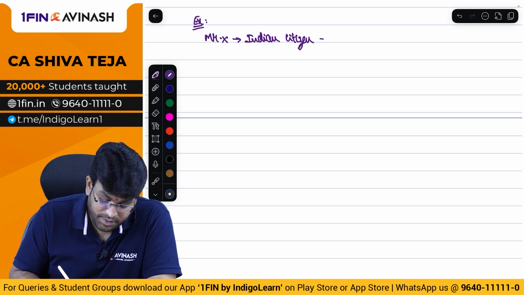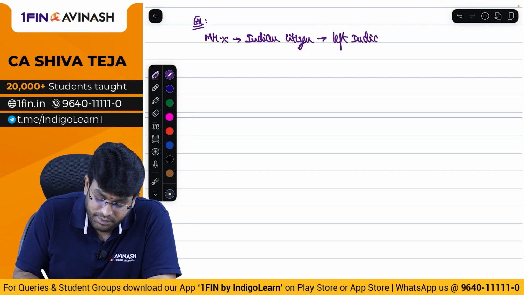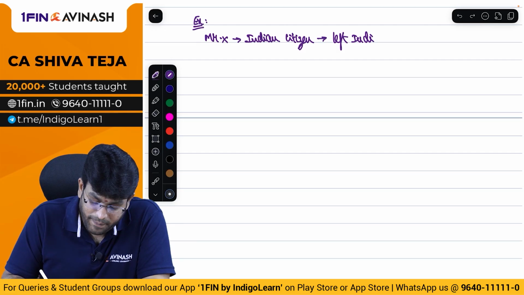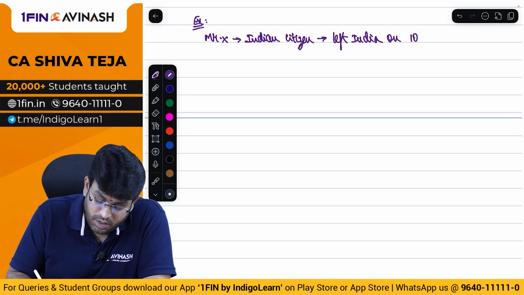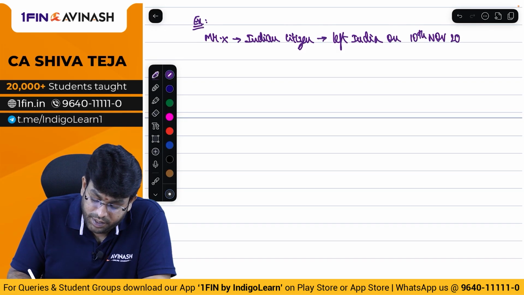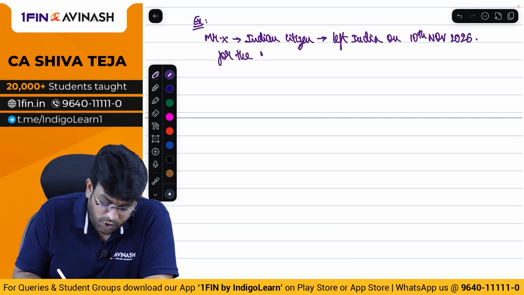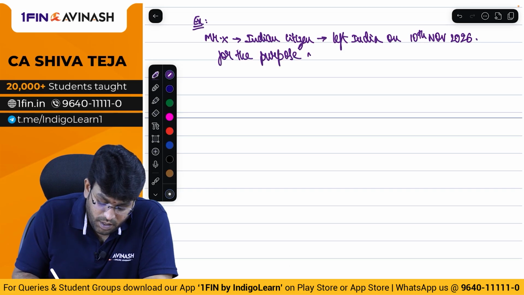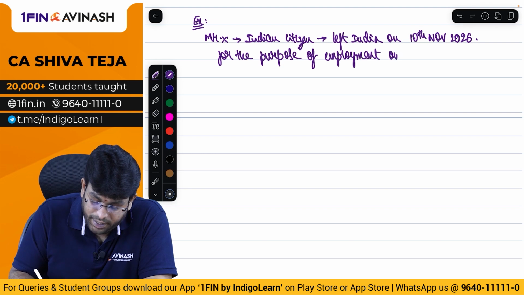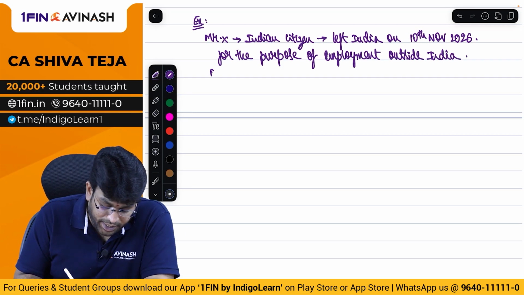And what has happened is, this person left India on 10th November 2026 for the purpose of employment outside India. He left for what purpose, my dear friends? He left India for the purpose of employment outside India.